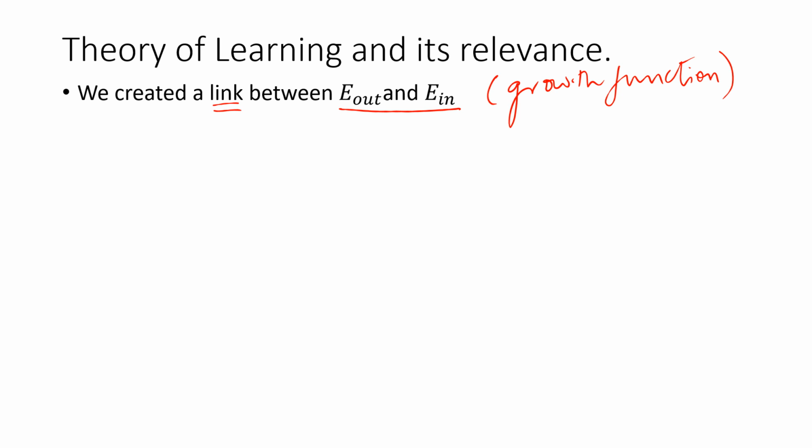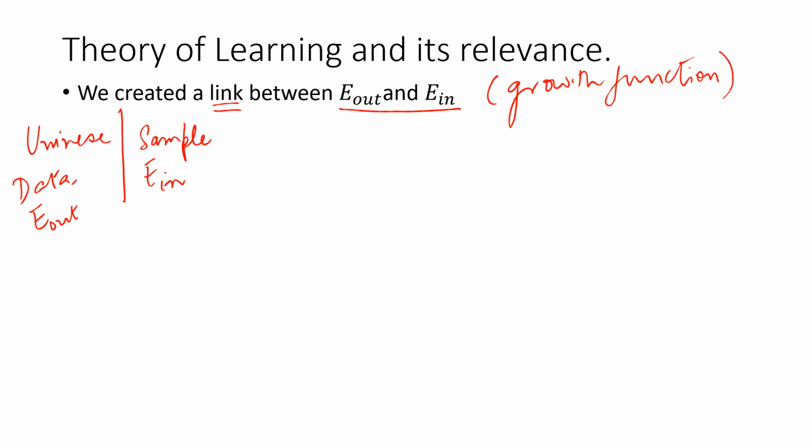So what was this E in and E out? Basically I have this universe in which I'm trying to find some answers, that's my entire data somewhere, and what I have is a sample from the same universe. I can calculate the error in that sample, but I'm really interested in the error out of sample, in the actual universe.